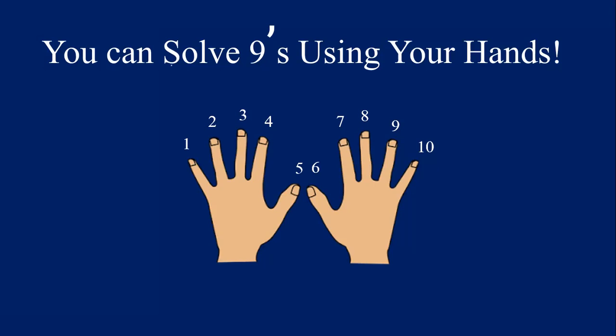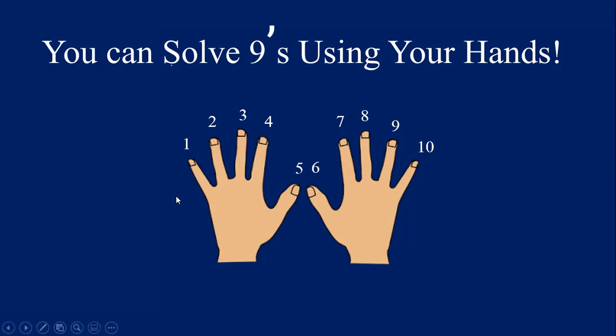Okay, let's move on to another fun strategy that we can use to solve equations when multiplying by the number 9, and that is you can use your hands. Your hands actually tell you the answers to the multiplication times tables when multiplying by the number 9. As you see on the screen, I have two hands.